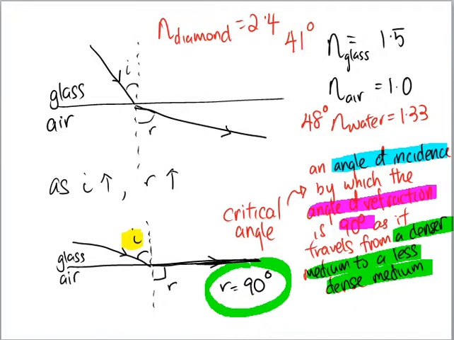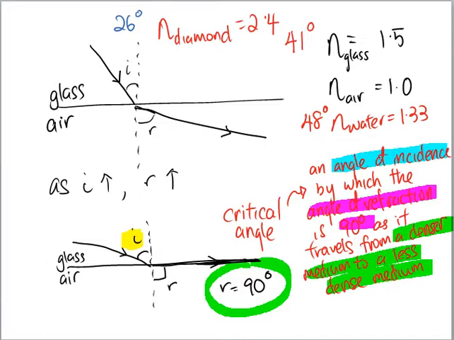The critical angle is about 26 degrees. So you can see here, as the refractive index increases from 1.33 to 1.5 to 2.4, the critical angle decreases: 48, 41, 26.